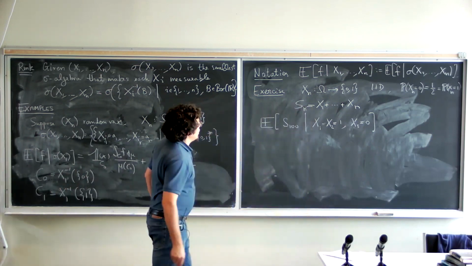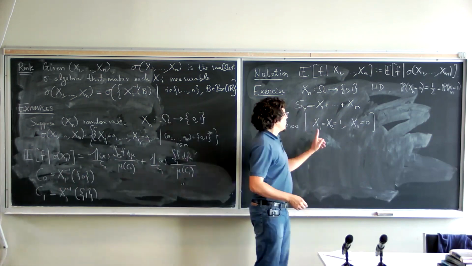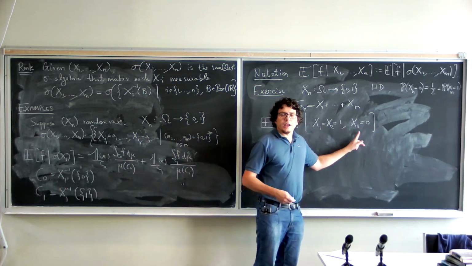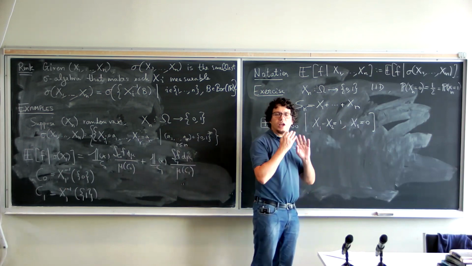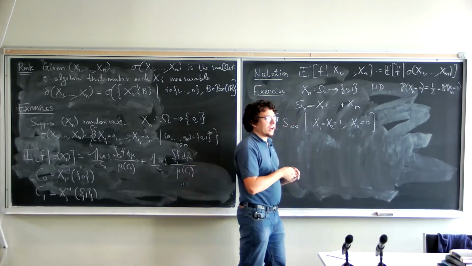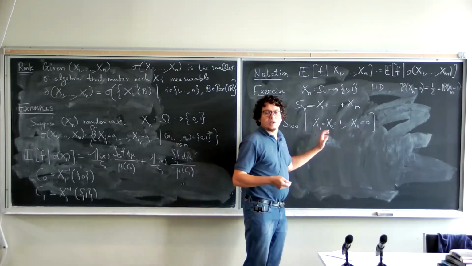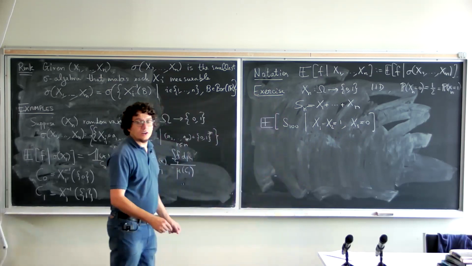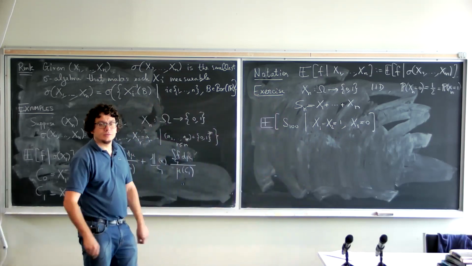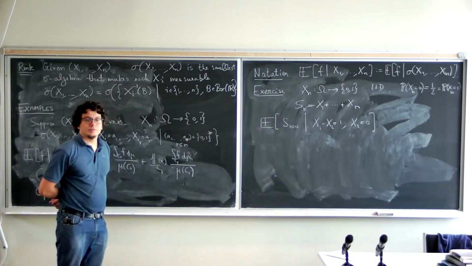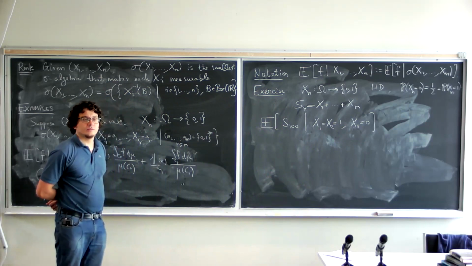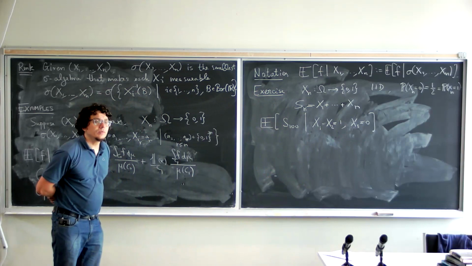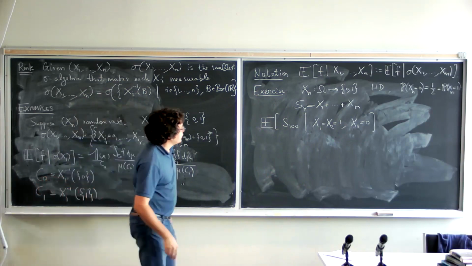If you just condition on x1, x2, and x3, you're going to get a function which depends on the outcome of the first three. But now I even give you the outcome, so this becomes a constant. So what is the constant? 49.5, something like that.